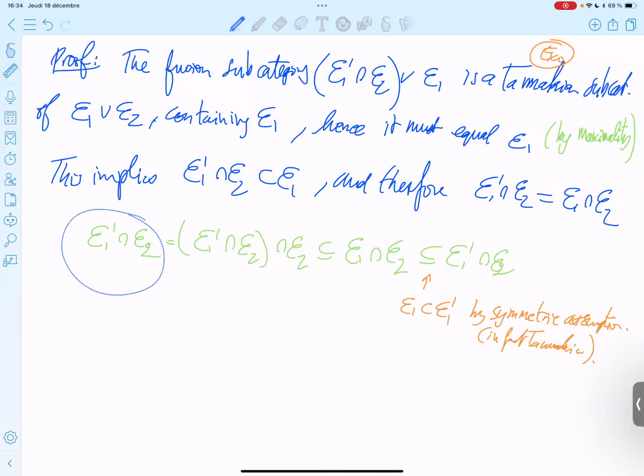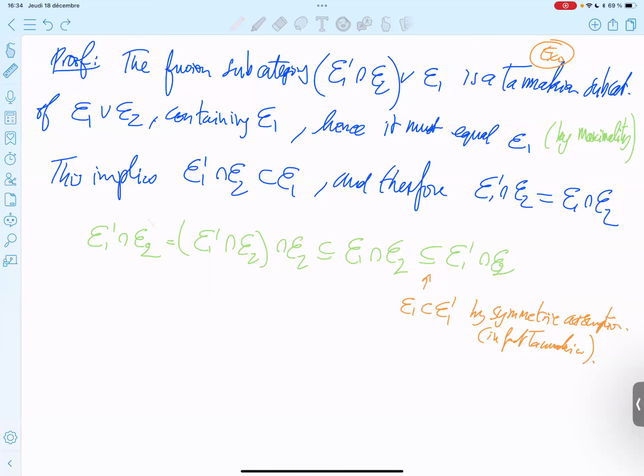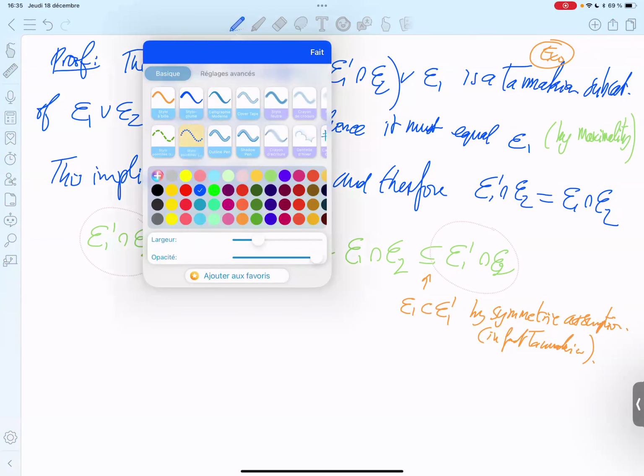You have this. This and this are equal, so you have equality everywhere.